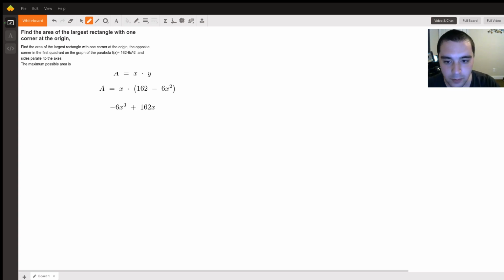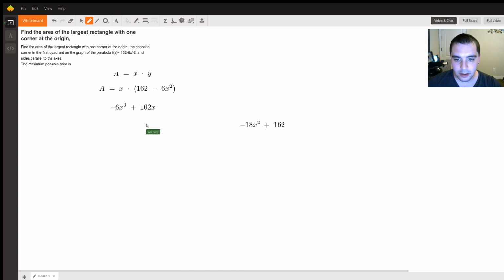Our first term is negative 6 times 3, so that's negative 18x squared, plus the second term, 162x, which just turns into a constant, 162, because x to the 1 becomes x to the 0.